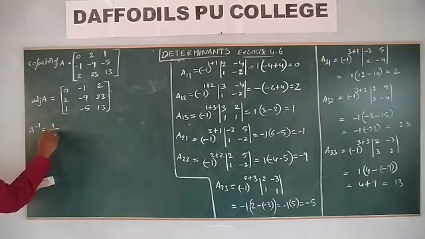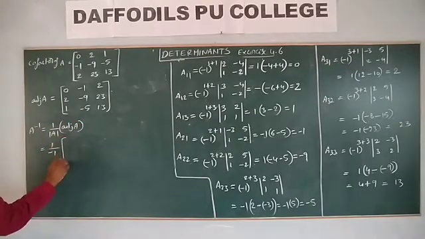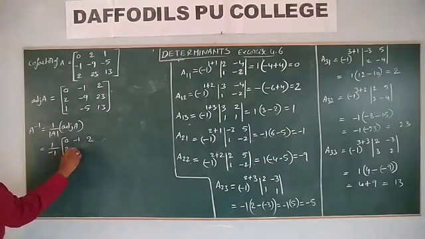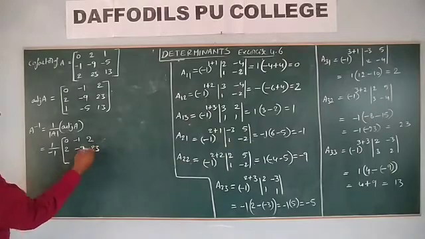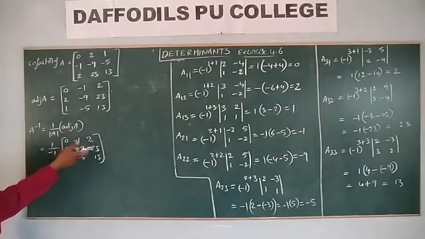A inverse is equal to 1 by delta of adjoint, 1 by minus 1 of adjoint: 0, minus 1, 2, 2, minus 9, 23, 1, minus 5, 13. So minus 1 multiply inside. Number is there means like 17, 34 means don't multiply inside.